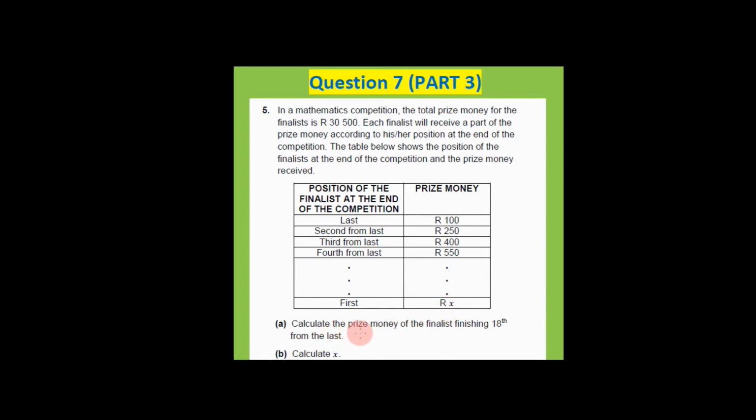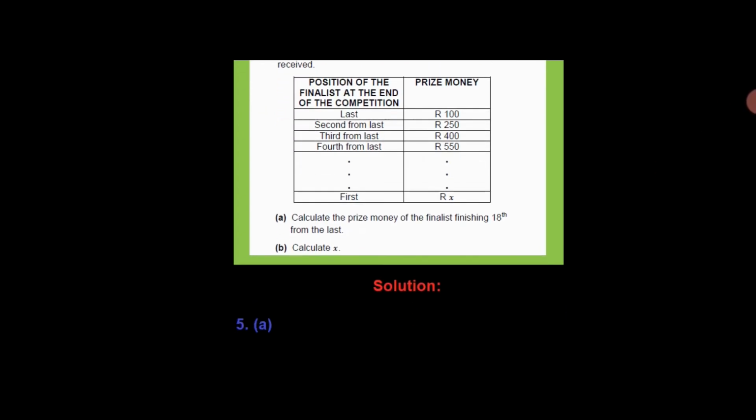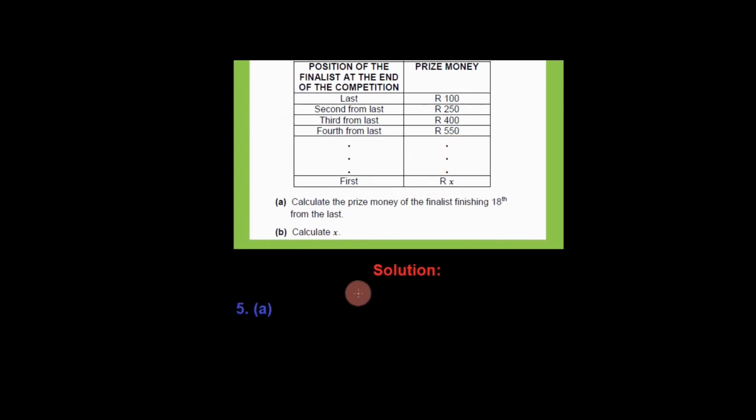In A it says, calculate the prize money of the finalist finishing 18th from last. So we can set up an AP starting with the last person. He or she gets 100 Rand. Then the second last person gets 250 Rand.